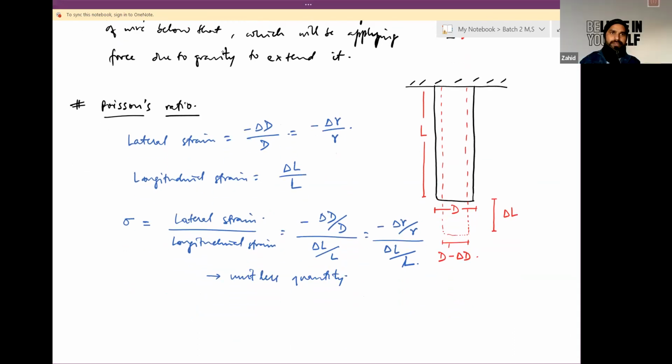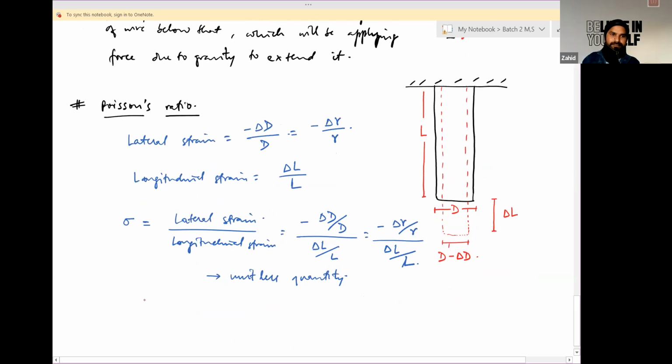Now, for a rigid body, sigma equals 0.5. So you'll be asked this to define the numerical value of Poisson's ratio for a rigid body, which means there is no change in its volume.